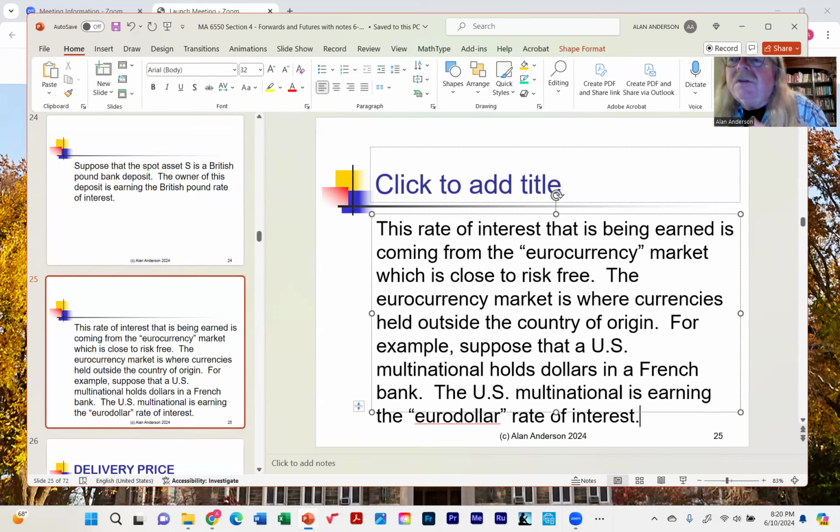So in other words, the interest you earn depends on what currency you're holding, not the country that it's in, but the currency itself. So the French interest rate may be below this and maybe above it, but because you're holding dollars in this bank, you're being paid the so-called eurodollar rate of interest, where the prefix euro here means outside the country of origin. Okay, now all of this got started way before the euro currency was introduced, so there's some potential confusion there.